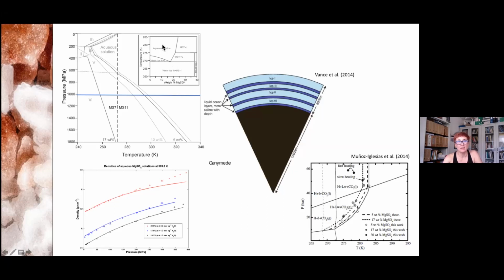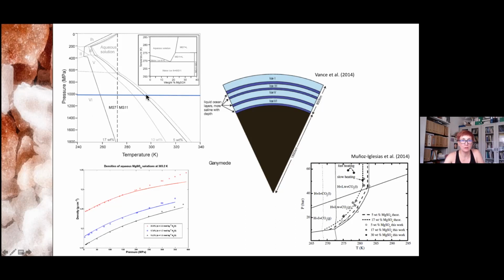Okay, so knowing that, we go back to the main diagram, which is the phase diagram of water, where you have liquid water here and different phases of water, like I showed you before, ice 1, ice 2, ice 3, 5, and 6. And when you put different concentrations of salts, you see that the melting line shifts to lower temperatures.